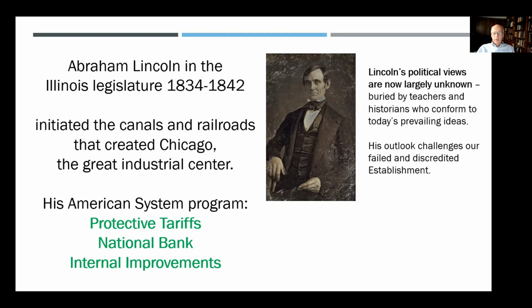They talk about his presidency and slavery one way or the other, but his outlook, as we'll see a little bit of here, and I've gone into this in great depth in the first chapter of the second volume, is a terrific challenge to the present mode of operating by Western leaders. Next slide.